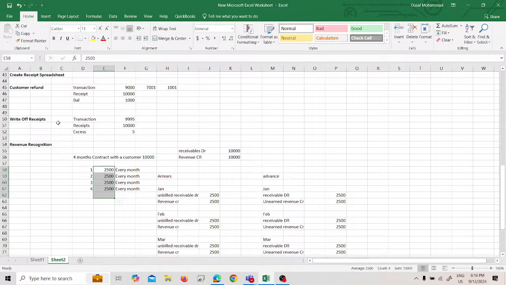There is another topic, that is aging method buckets, that we will discuss in the sessions, and after that we will do like this.